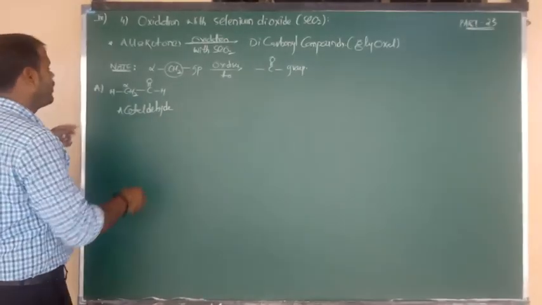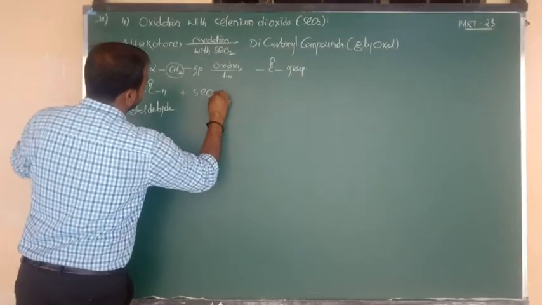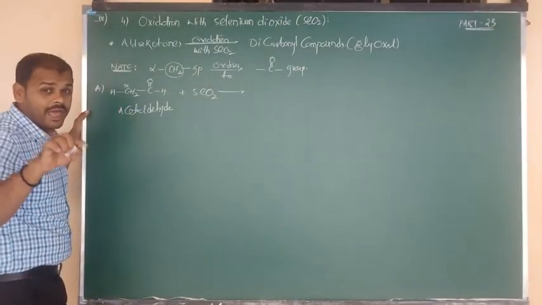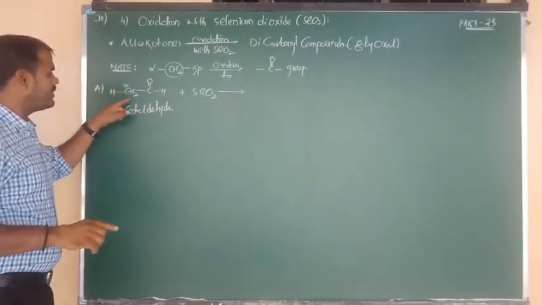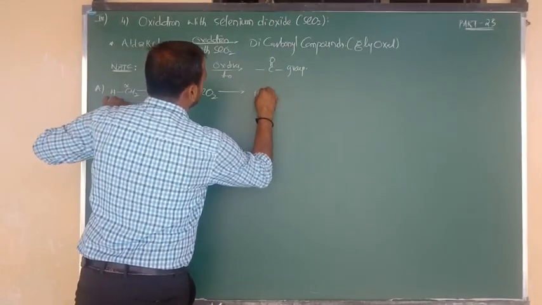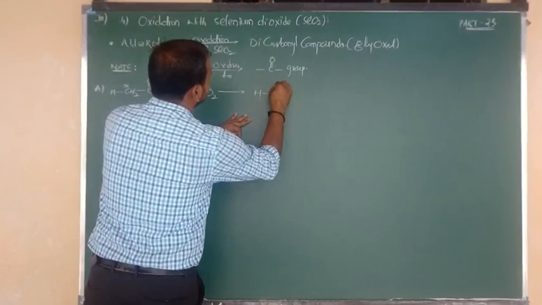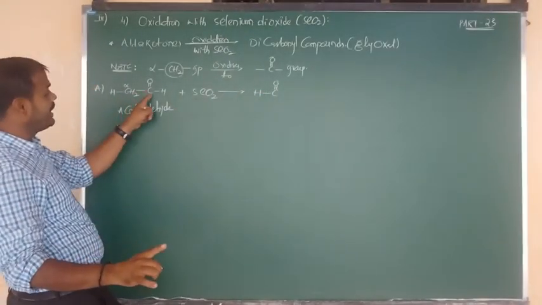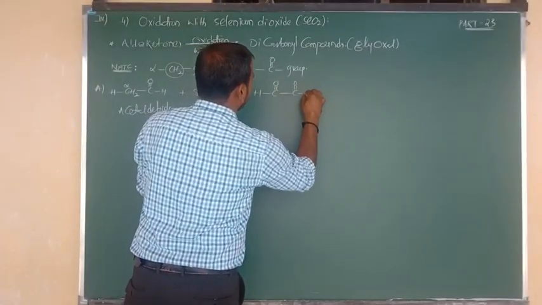Acetaldehyde upon oxidation with SeO2: the alpha CH2 group must be oxidized into C double bond O. In place of CH2, we write C double bond O. The remaining group C double bond O H stays as C double bond O H.